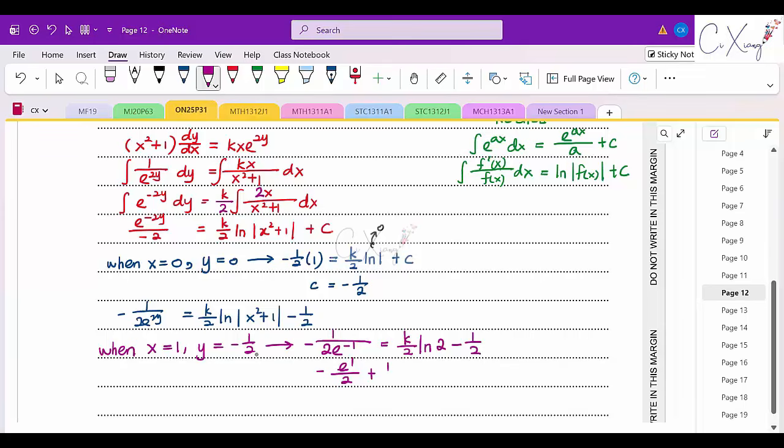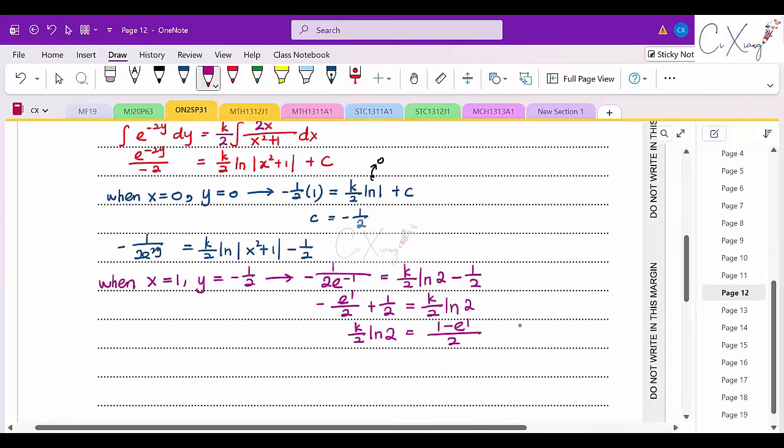Then I move the half over, becoming plus half, equals k over 2 ln 2. Then I rewrite my equation again. To make it easier to simplify, I put it in a single fraction form like this. Then later when I want to move all the values here and there, it's easier. The 2, I move it over and cancel off with 2. The ln 2, I move it down, and I'll have 1 minus e power 1 over ln 2.